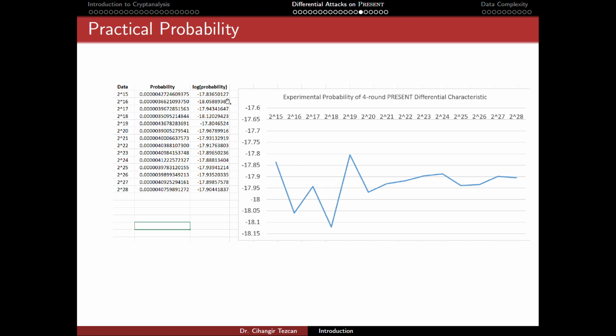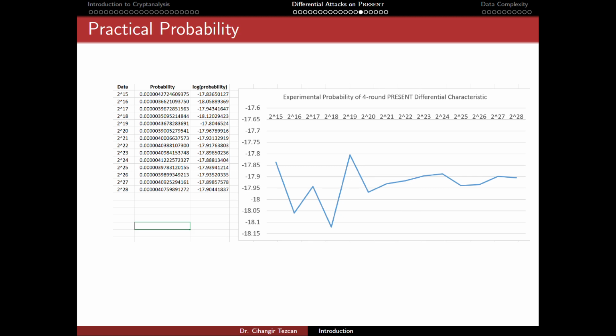Or if you want to see the logarithm, it is 2 to the minus 17.83. So when you increase the data, perform the same experiment, you realize that now it is really different than this one. So it becomes here. Then goes here and here and here. As you can see, it oscillates and it doesn't converge to a point in this case, right?